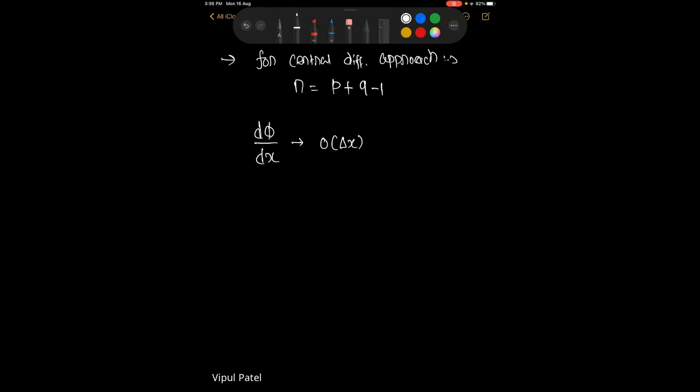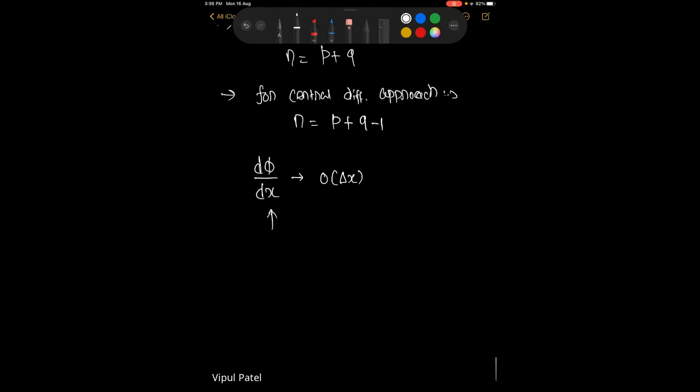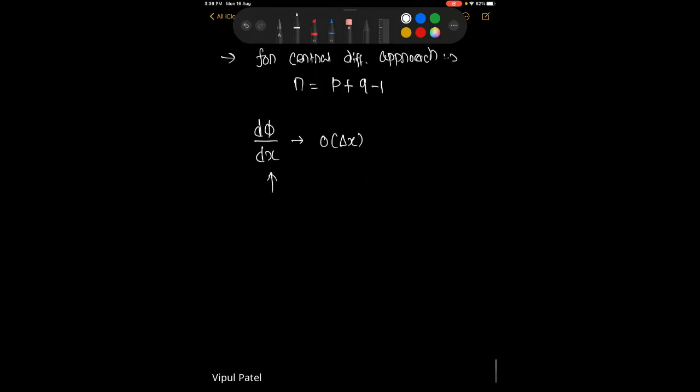For this particular formulation, the order of derivative is 1, that means p is equal to 1. You are looking for an order of accuracy that is also equal to 1, so q is equal to 1. And you are using a one-sided approach, then your n is p plus q, that is equal to 2, right? That is exactly matching with what we did so far.